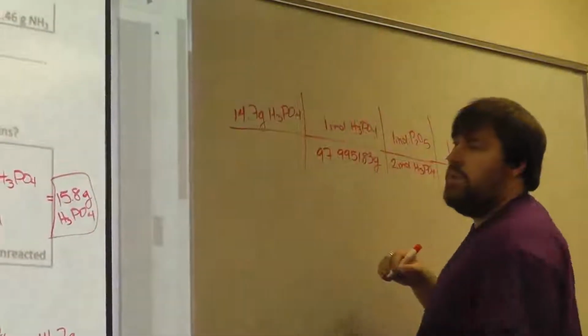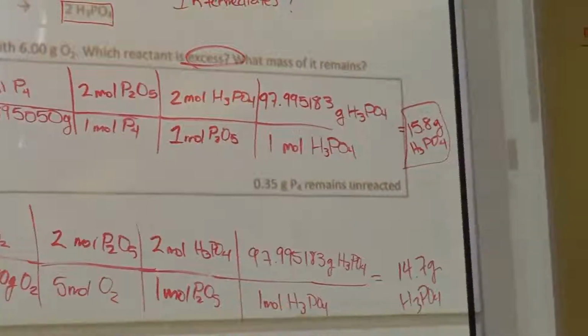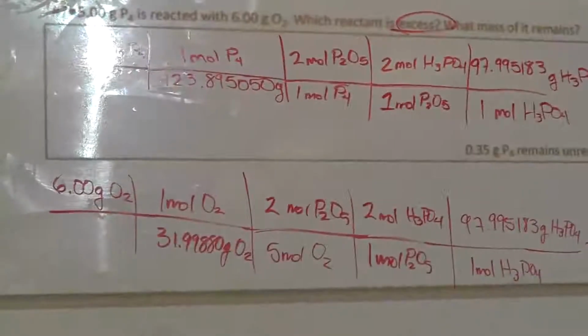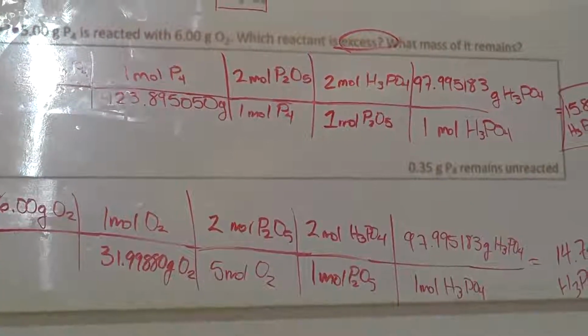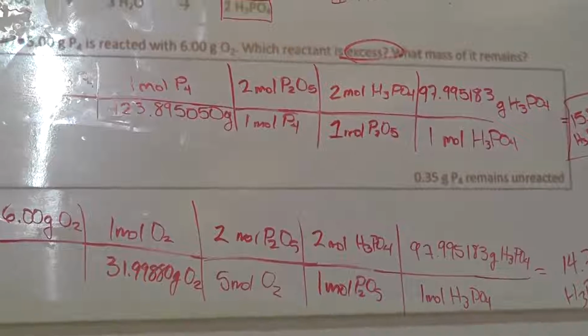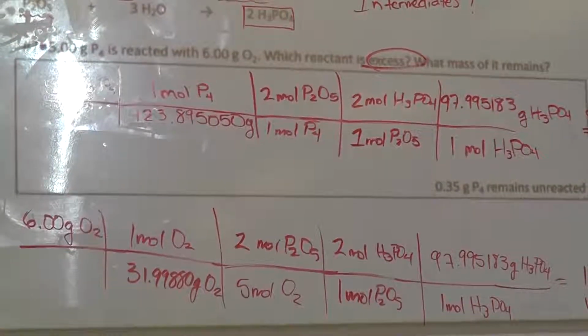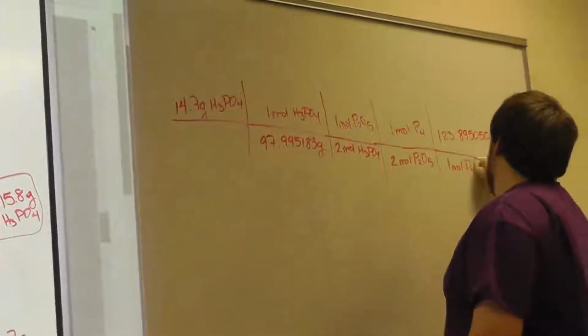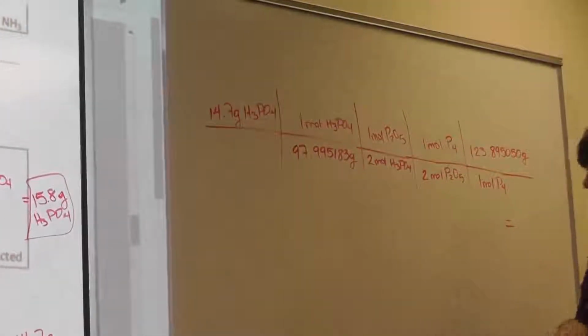And since we wanted grams, we'll want the molar mass for that P4. So 123.895050. And tell me what you get for that.